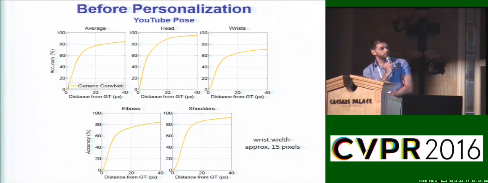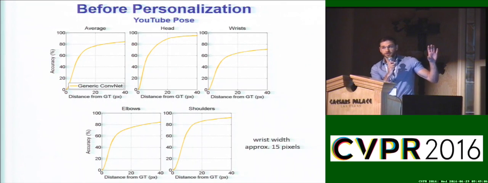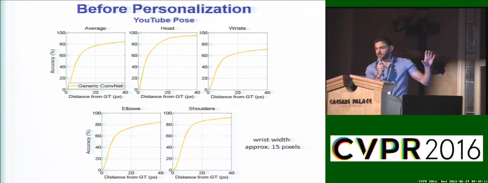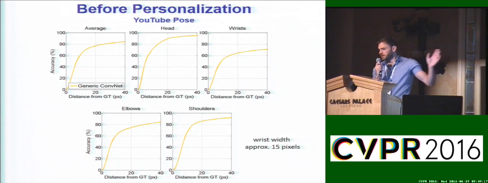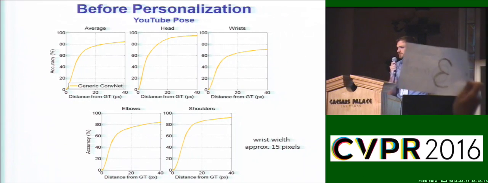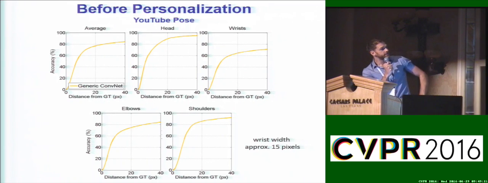We measured the performance of the pose estimators by looking at the accuracy per body part, and accuracy here is measured as the proportion of estimates which fall within a set distance from ground truth. The x-axis on these graphs is the threshold on the distance from ground truth, and the y-axis is the accuracy.